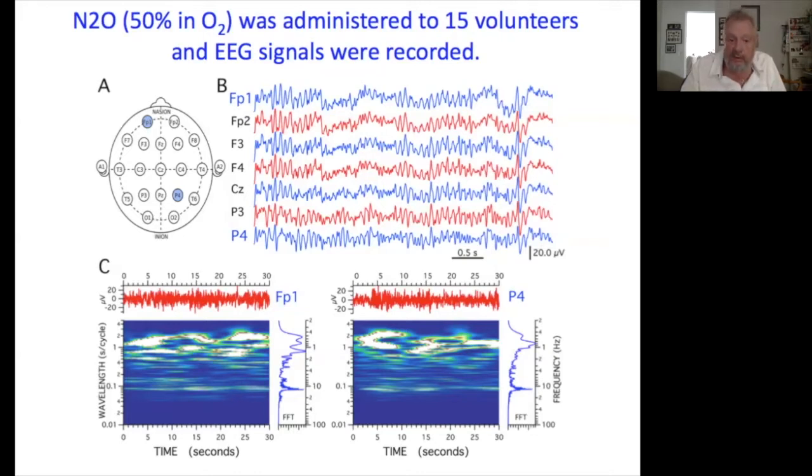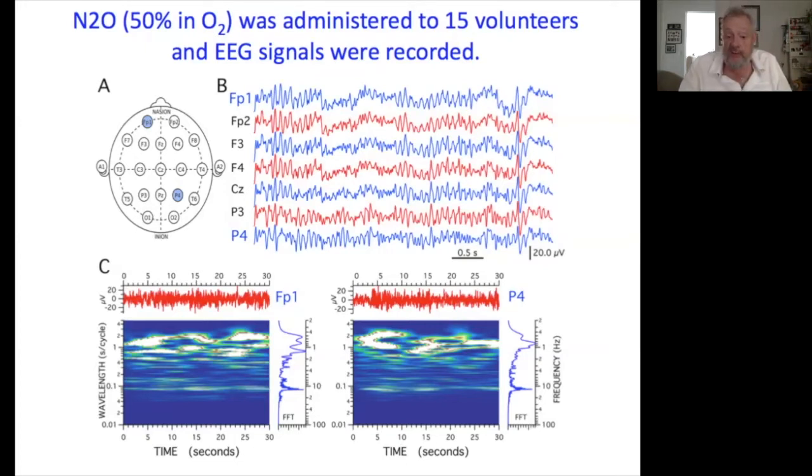We're looking here at the frontal lead versus the parietal lead on the opposite side of the brain, near the back of the brain. You can see these highly synchronous waveforms propagate backwards from the frontal cortex in continuous waves to the rear of the brain, the parietal areas.